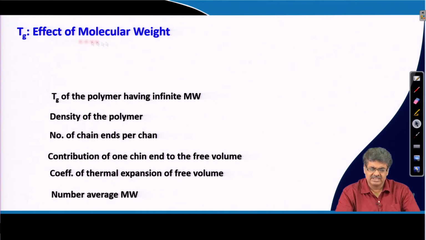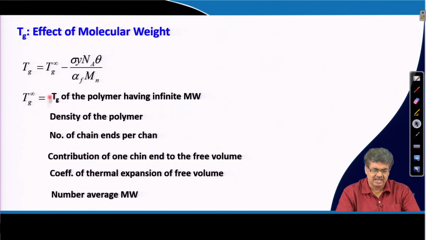Now, there is a significant effect of molecular weight on Tg. Tg is given by this expression, and I have shown these values. You can look at the meaning of these parameters: this is the value of Tg for a polymer having infinite molecular weight, rho is the density of the polymer, y is the number of chains per polymer chain, and so on.